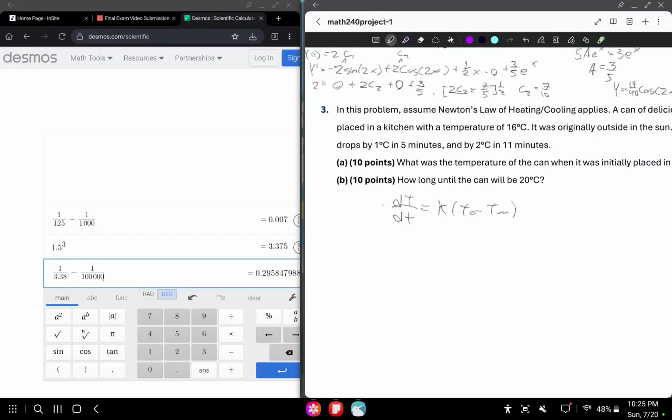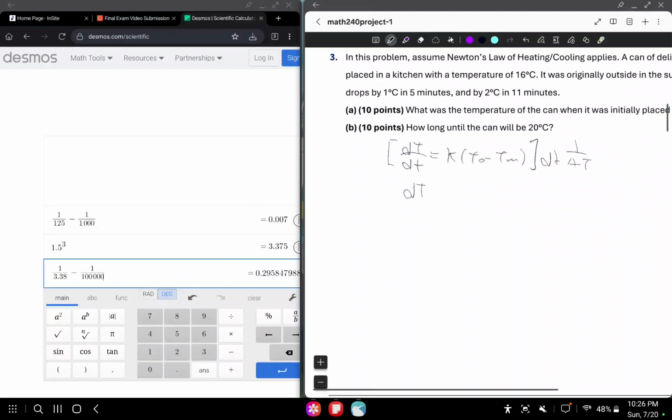Like the first one, let's make it simple. Yeah, just times this by dt. So dt is equal to, and divide by delta T, I guess. So 1 over delta T dT equals k dt.